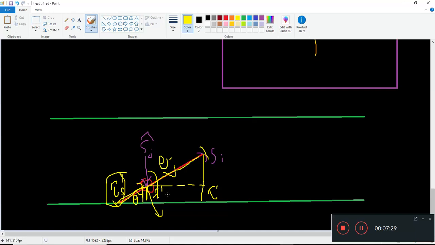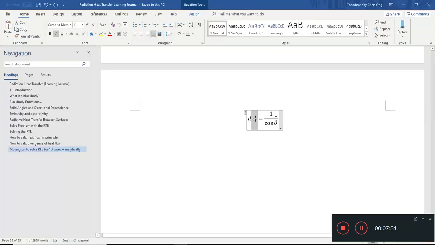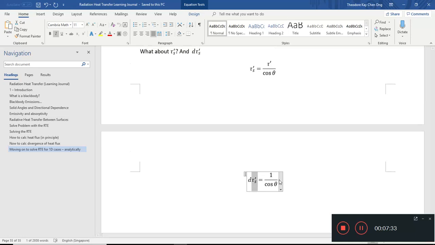It can increase or decrease, but theta won't change. So theta is a constant, and that's why we leave it as it is. As tau prime s changes, tau prime will also change. So this is our relation for tau prime s and d tau prime s, and d tau prime.